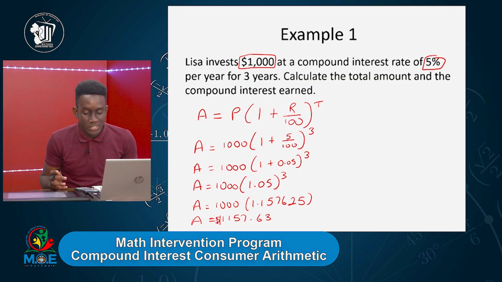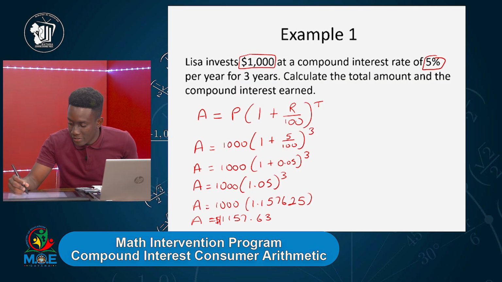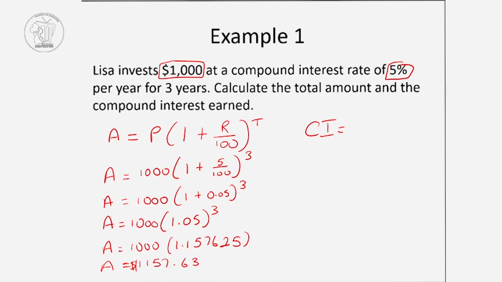Next, they ask us to find the compound interest. The compound interest is the amount subtract the principal. So the amount, $1,157.63, subtract the principal, which is $1,000, gives a value of $157.63.